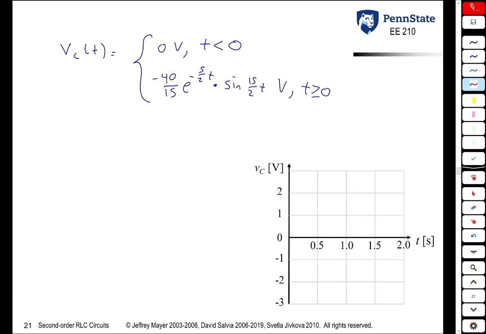This response has two parts. You can think about this as our exponential decay envelope.